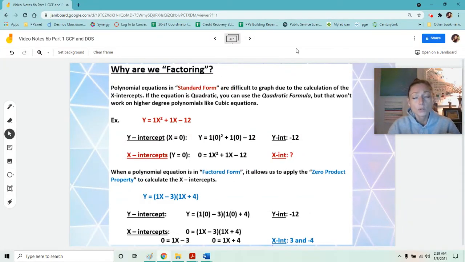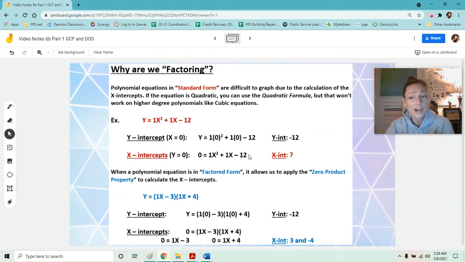Okay. So why are we factoring? Factoring is actually really helpful, particularly for finding x-intercepts of equations. If we have an equation in standard form, it's hard to find the x-intercepts if we're just plugging in y equals 0.